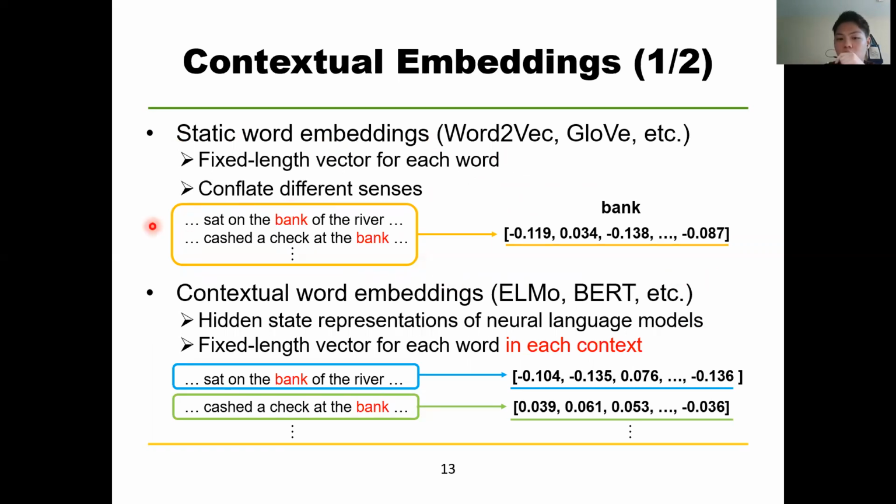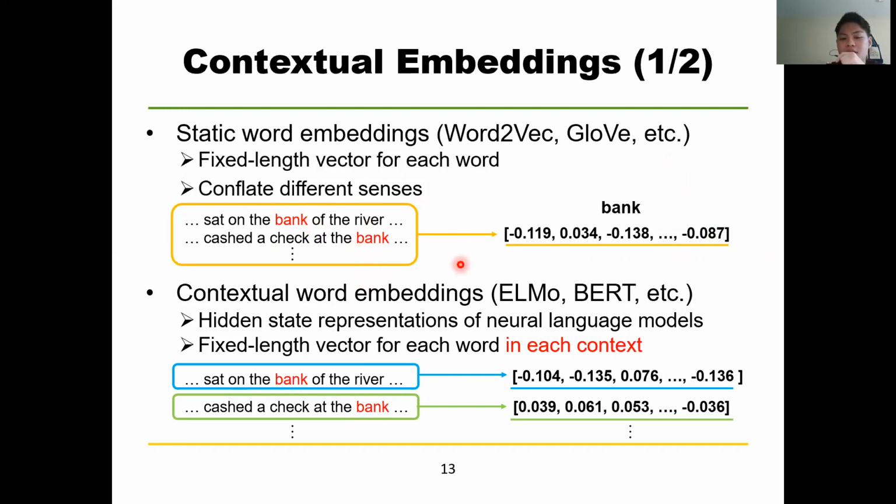So given a corpus, we have different occurrences of the same word bank in different contexts. And using those models, we can obtain a single word embedding for the word bank. So this resulting word embedding has the problem that this one single embedding conflates different senses. In this case, the geographical sense, financial sense, and so on.